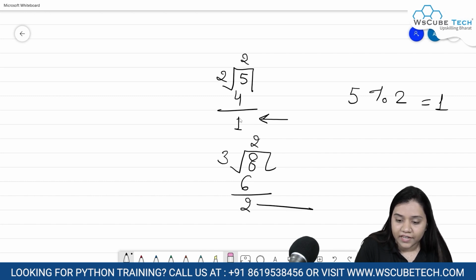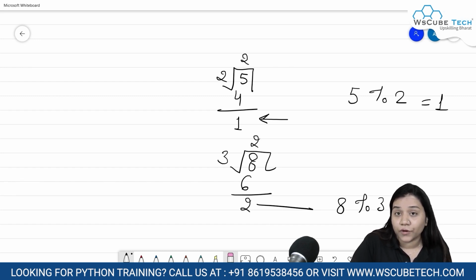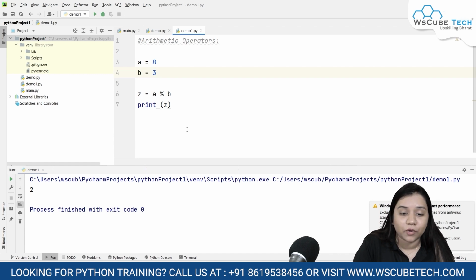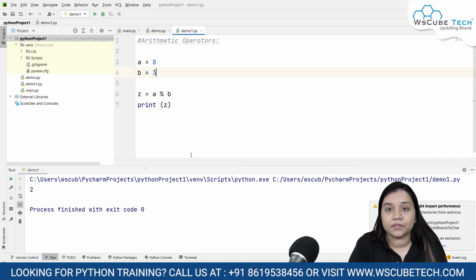So when we write 8 divided by 3, it gives us the remainder 2. Let's see if it works. If I consider a is equal to 8 and b is equal to 3 and I run it, yes, it gives me 2. So this is how it works. Modulus basically gives us the remainder once we divide a number by another number.